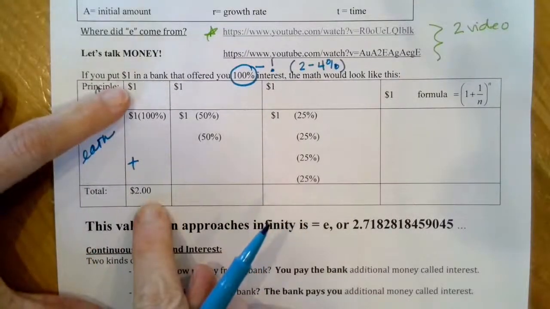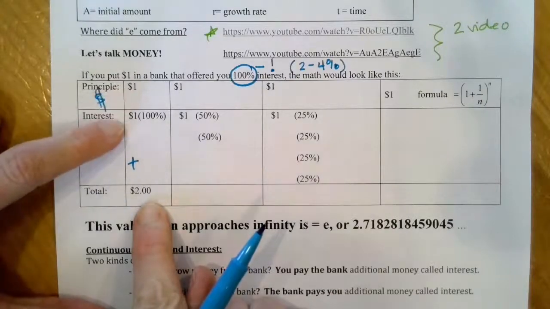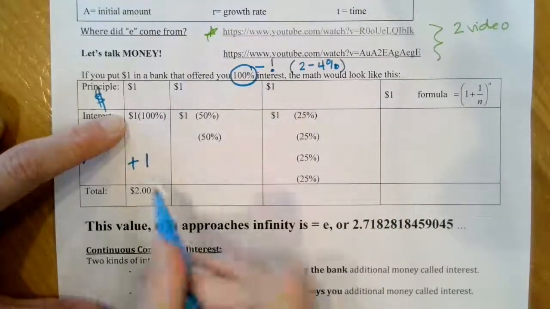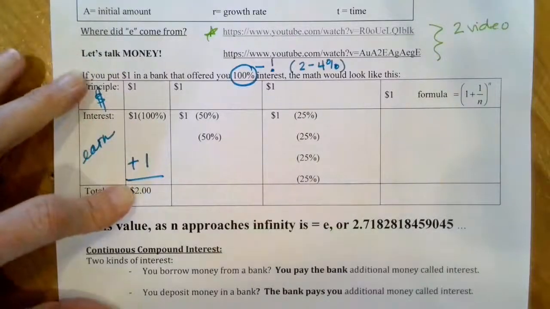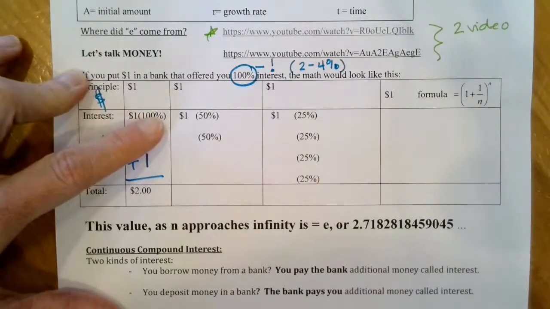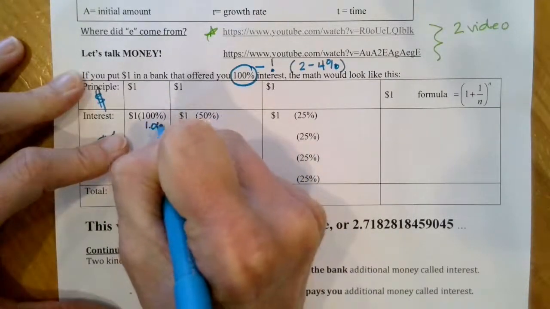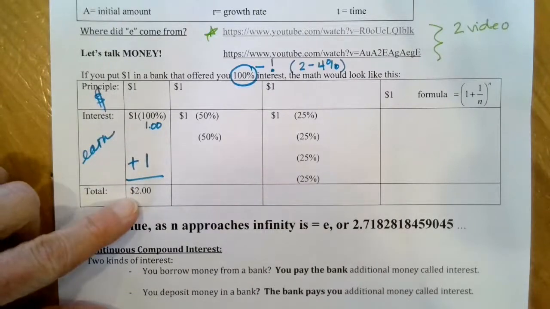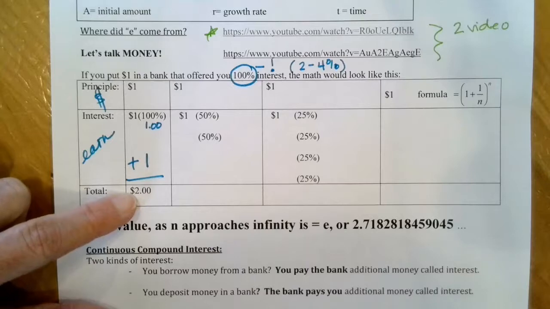So if you put $1 in the bank and the bank says, hey, every year we're going to give you 100% interest, you make another $1, and then that's what gives you a total of $2. That's pretty simple math because 100% is the same as 1, right? 1 times 1 is 1. That's the money I've earned. That's how much money I have. I started, I earned, I now have. Are we good with that?